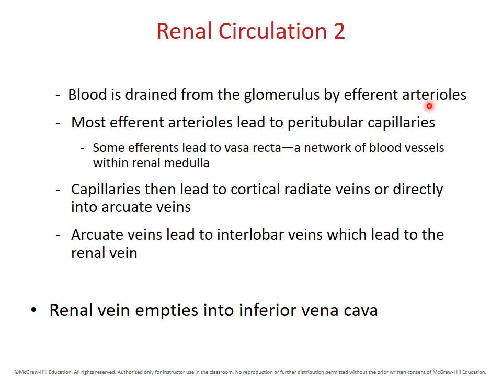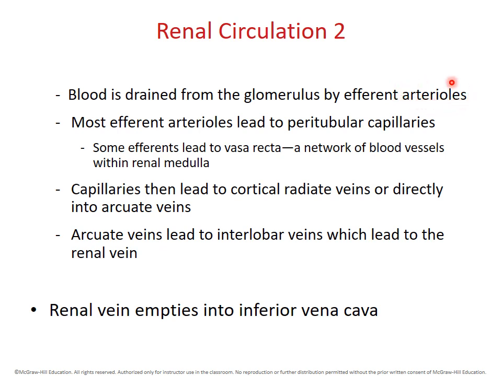Even in the other portal systems, the first capillary bed is pretty much drained by a venule or a vein, not an arteriole or an artery. The functional significance of this is that, remember, arterioles have thicker tunica medias than do venules. Arterioles are more resilient in terms of the durability of their walls and our ability to alter their diameter.